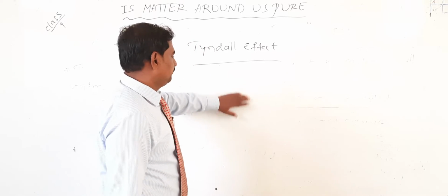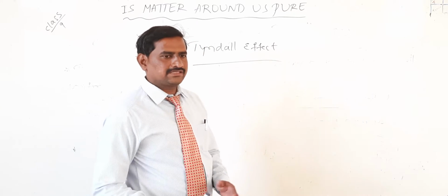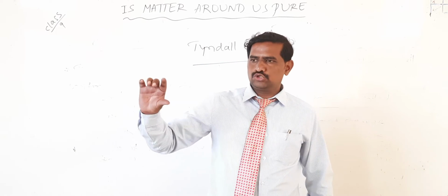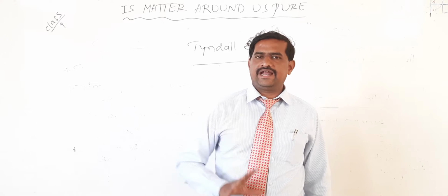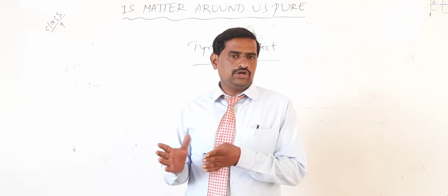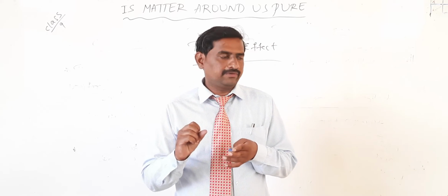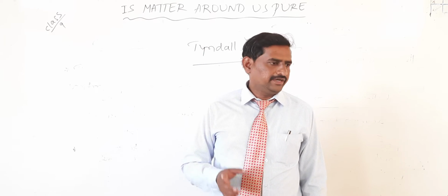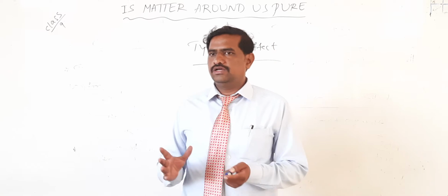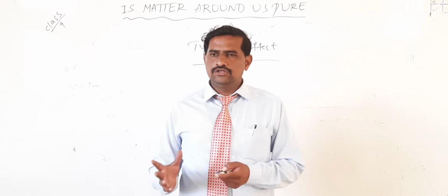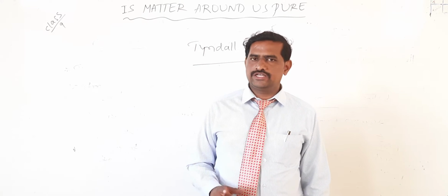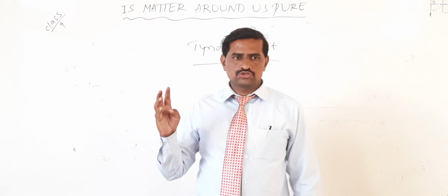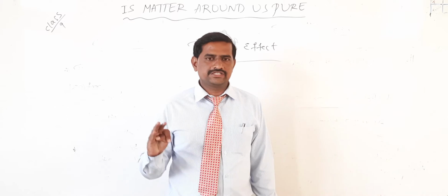If you take milk in a glass, when a torch, a beam of light, passes through the milk, it will get scattered. But in the sugar solution, the beam of light will not get scattered. The Tyndall effect is the scattering of a beam of light through the colloidal particles. I hope all of you understood about the solution.